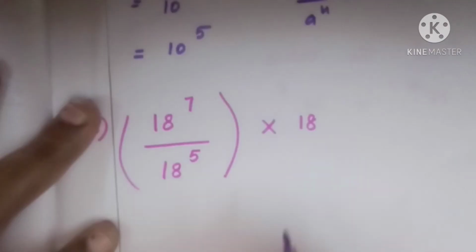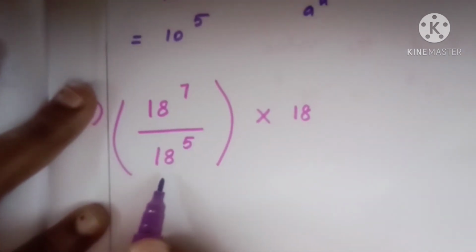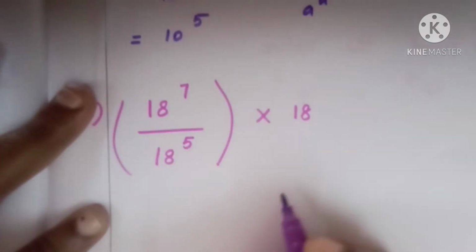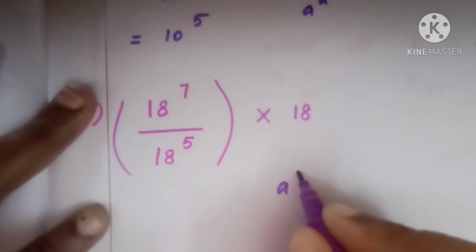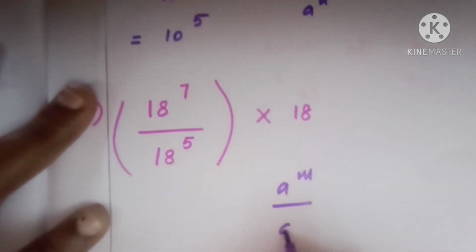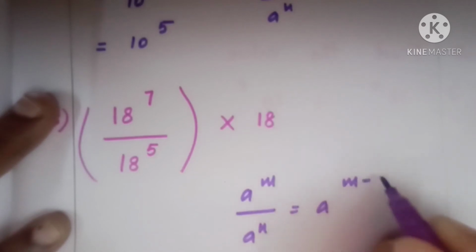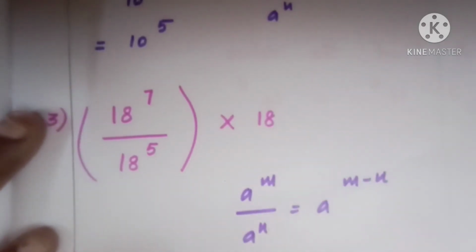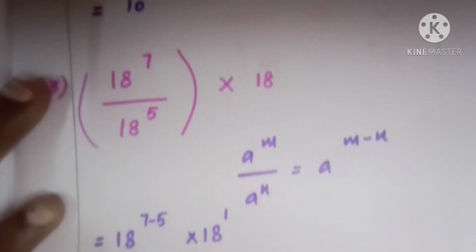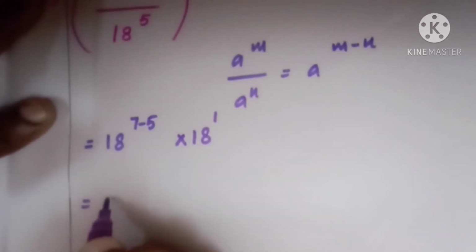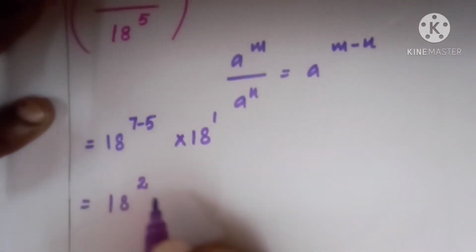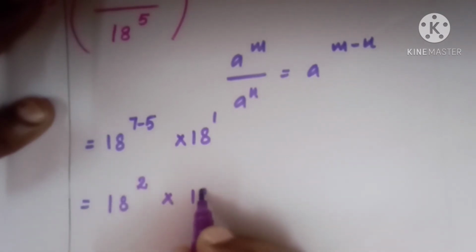And the third sum, 18 power 7 divided by 18 power 5. Here also apply the second rule, a power m divided by a power n is equal to a power m minus n. So here 18 power 7 minus 5 into 18 power 1, that is equal to 18 power 2 into 18 power 1.